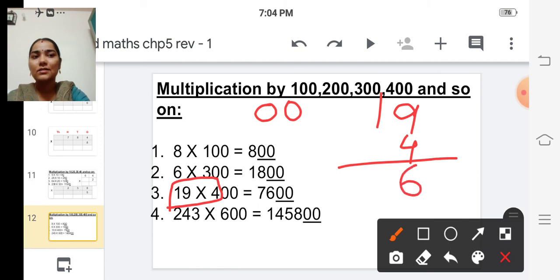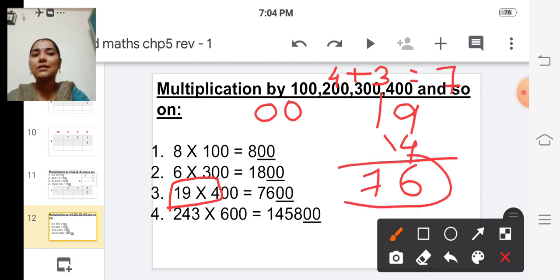So write this 6 here and carry over 3 to the next place. 1 4 is 4. 4 plus this carried over number, 4 plus 3 is 7. So 76. So we write this 76 before these 2 zeros. Okay. So the product is 7600.